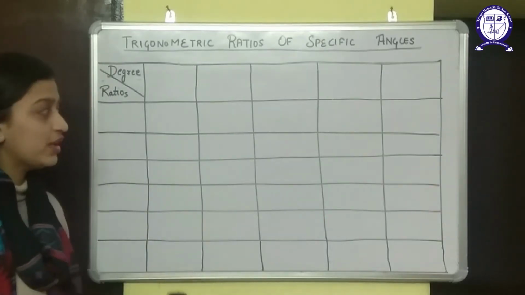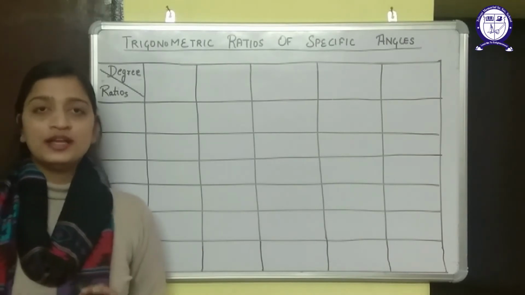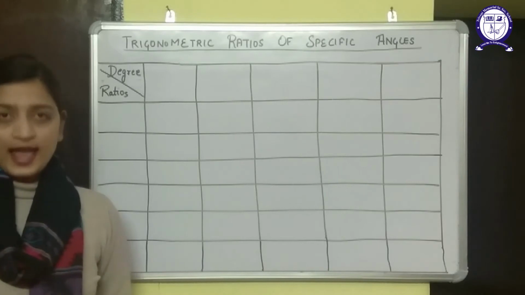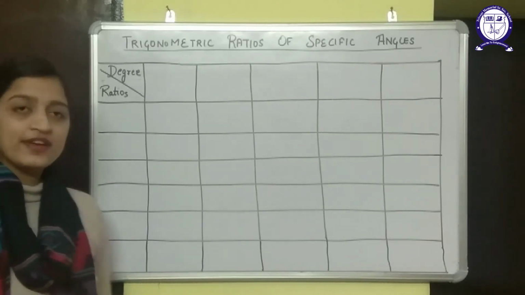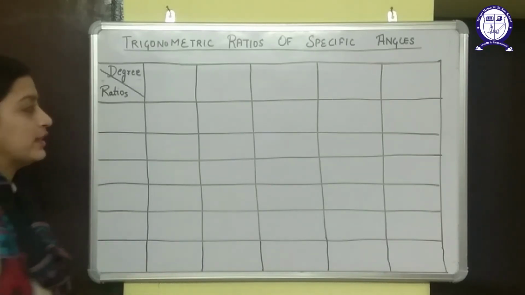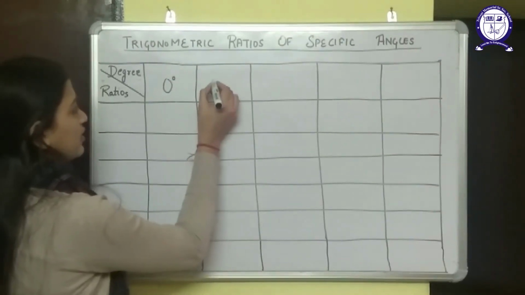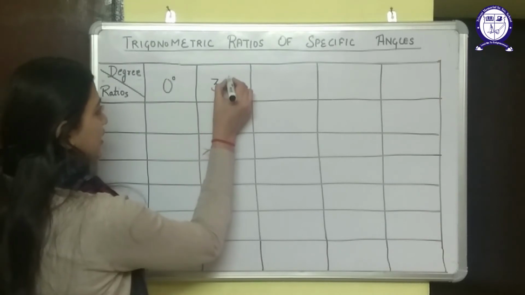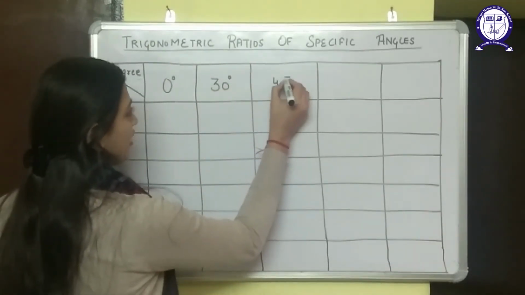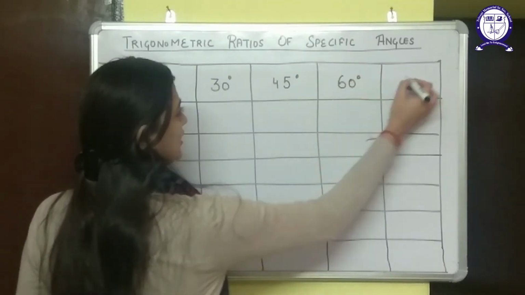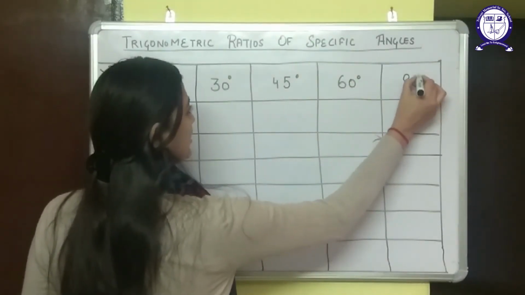So this is the table you need to remember to do the next exercise, which is based on the specific angles. The 5 angles are 0 degrees, 30 degrees, 45 degrees, 60 degrees and 90 degrees.